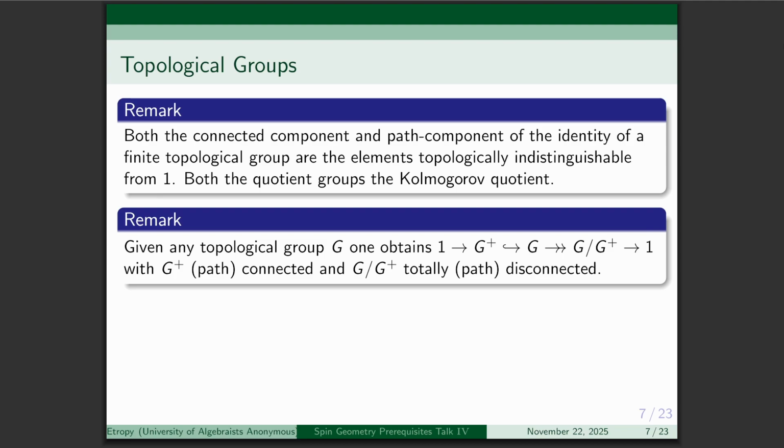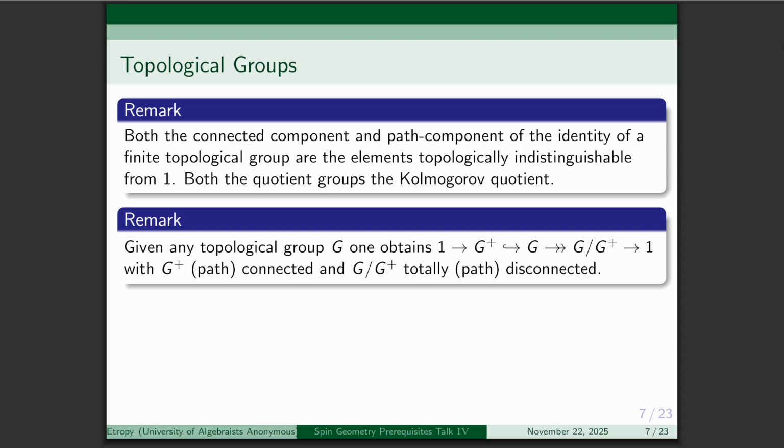And it embeds in our group, of course, because it's a subgroup. Then we can take the quotient, and we get this short exact sequence where the first group is connected or path connected, the middle group is just the arbitrary group we started with, and the third group is totally disconnected, totally path disconnected. To be totally path disconnected means that no two points are joined by a path, and totally disconnected means that connected components are singletons.